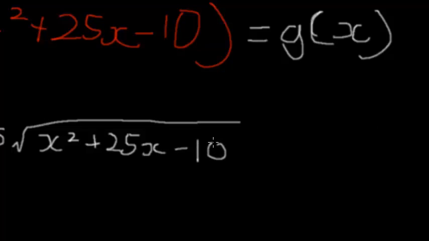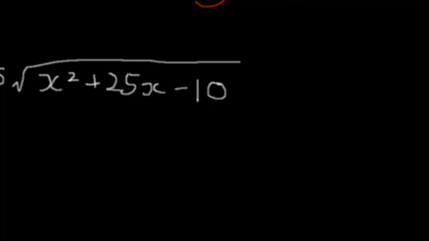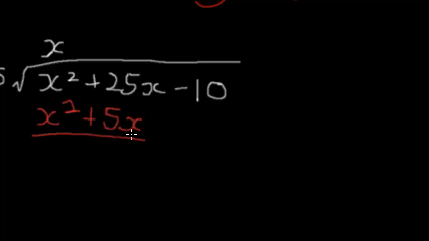Using what we know in division, we can easily solve this. How many x's can fit in x squared? 1x, so we can just put an x there. And then you multiply x with x plus 5, so x squared plus 5x. Then you subtract this, this one turns into minus. 25 minus 5x is 20x.